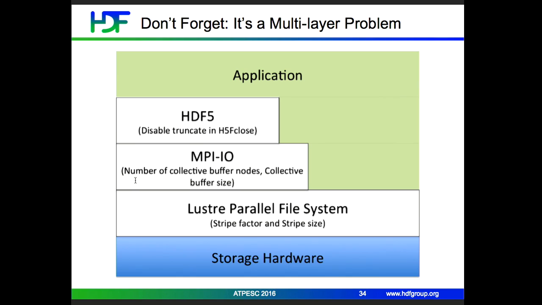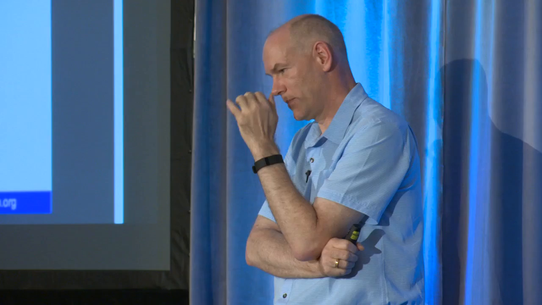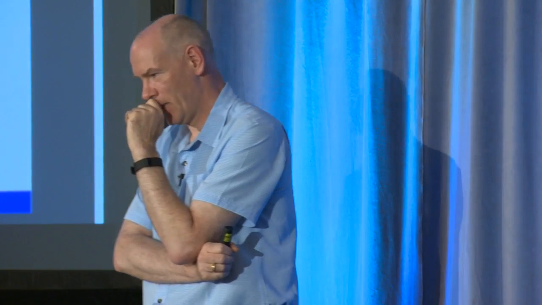Just as a reminder, don't forget that this is a multi-layer problem. It's not all HDF, it's not all application, it's not all MPI-IO. There are several layers, and spending your efforts and investigative energy wisely in these different layers can be a challenge, but it's always important to bear this in mind.